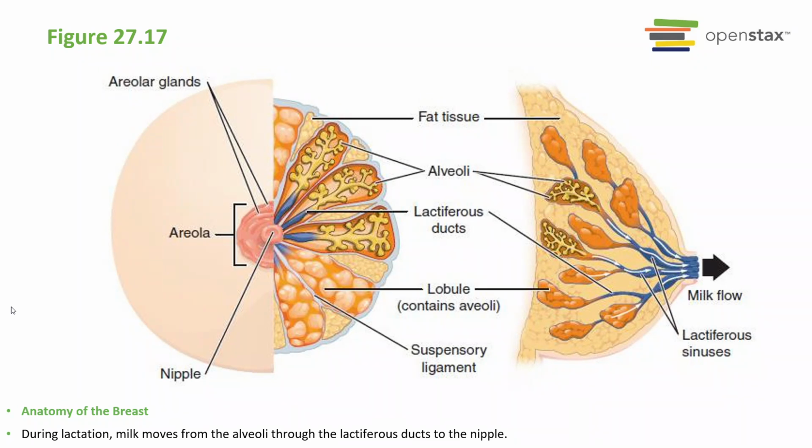The milk can exit through the nipple via various ducts that open on the surface of the nipple.